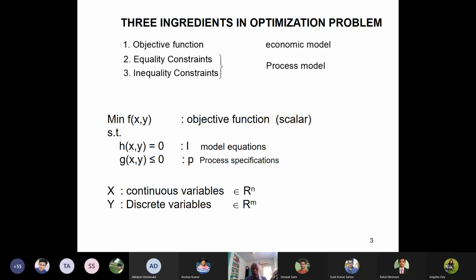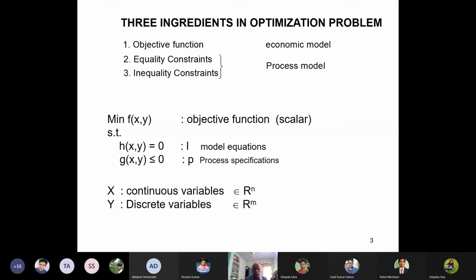So mathematically, we can formulate an optimization problem as minimization of f(x,y), where f(x,y) is the objective function and it is always to be a scalar quantity. So f(x,y) is an objective function subject to h(x,y), which is an equality constraint, can be a model equations, and g(x,y) less than or equals to 0 can be specifications.